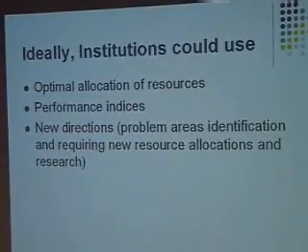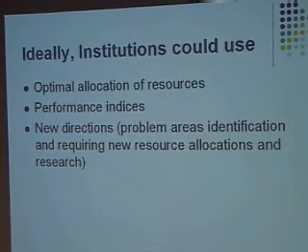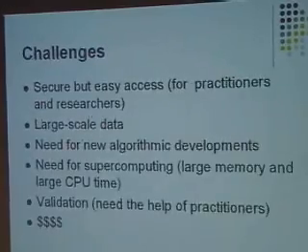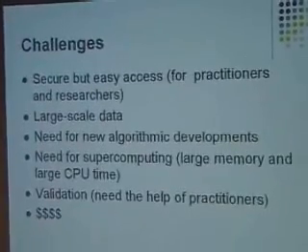Something like this could have prevented large-scale pollution damage to health, for example, which is possible in the future. And then you direct your resources towards it, find out what the problem is, treat, and so on. So that's kind of our dream, but of course, nothing comes without challenge.